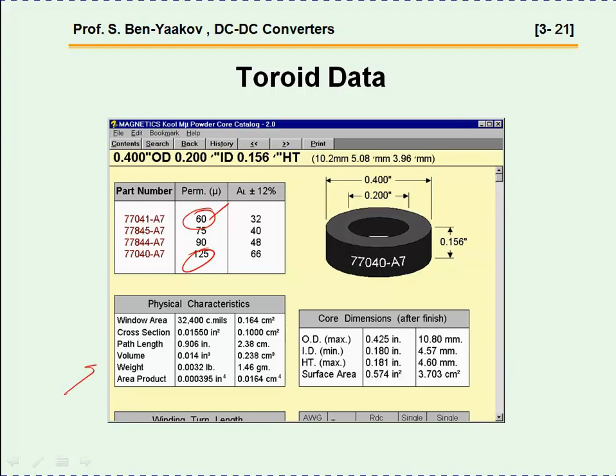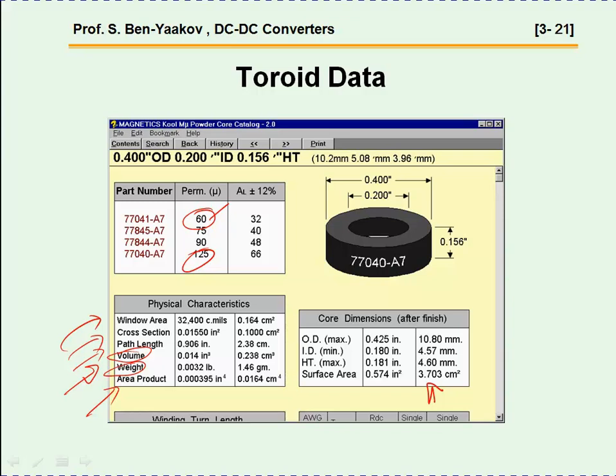These are the parameters of the core, say electrical parameters or relevant electrical parameters. This is the window area, the cross-section area, the magnetic path length. You have also the volume, which you'll see is important, weight, which is for information, and area product. This is something that we've seen is important. And also the mechanical dimensions are given here.